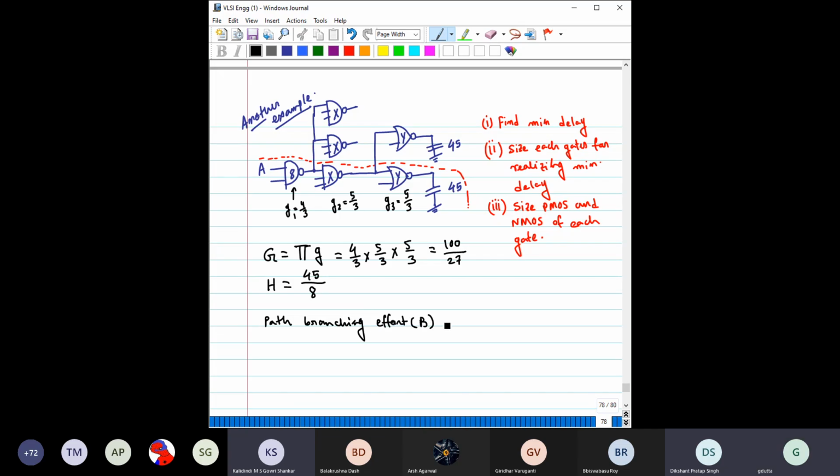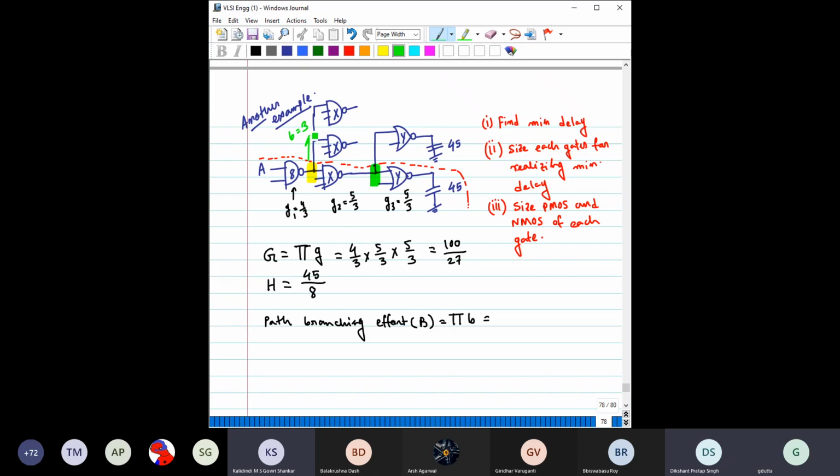So it is capital B. Again recall, it is the pi of all these b, right? So what is the branching effort at this node? Can anyone tell what is the branching effort at this node, and after that what is the branching effort at the next node? 3 and 2. Okay. What will be the value of B for the first one? 3.